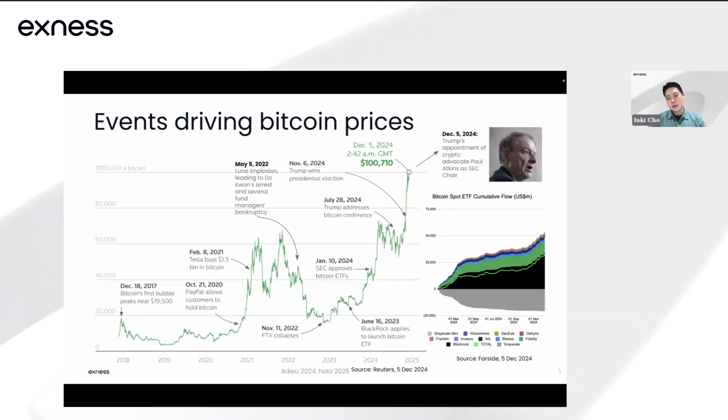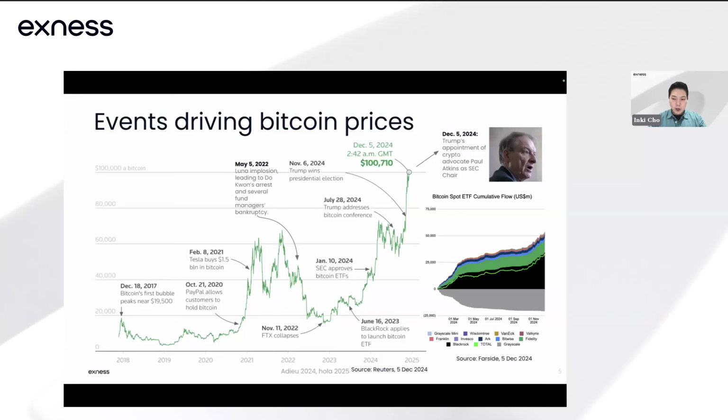And Bitcoin's recovery started with the Fed's decision to cut interest rates in the third quarter of 2024. However, it was the political drama related to the US presidential election that really put Bitcoin on an upward trajectory. Bitcoin prices soared after former President Donald Trump promised pro-cryptocurrency policies during the campaign and declared that he would build Bitcoin reserves and pursue cryptocurrency-friendly policies in the United States.